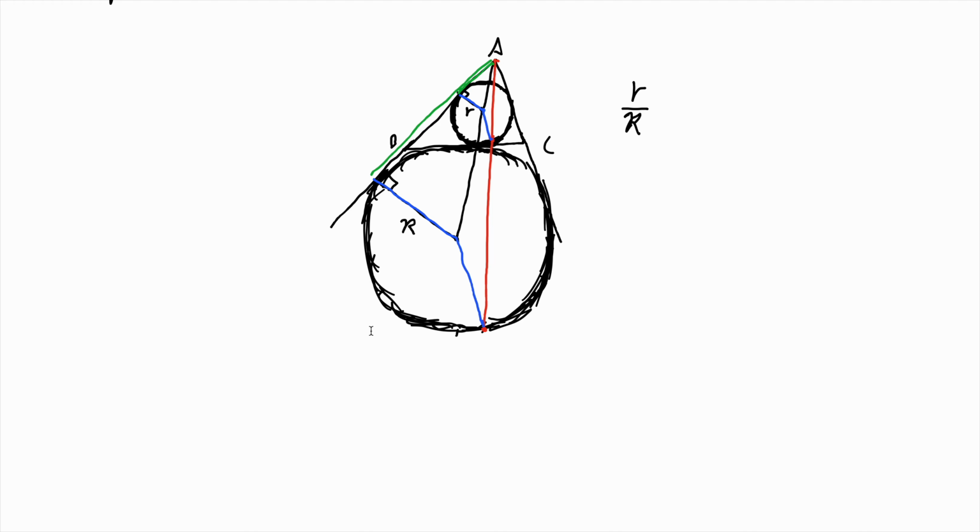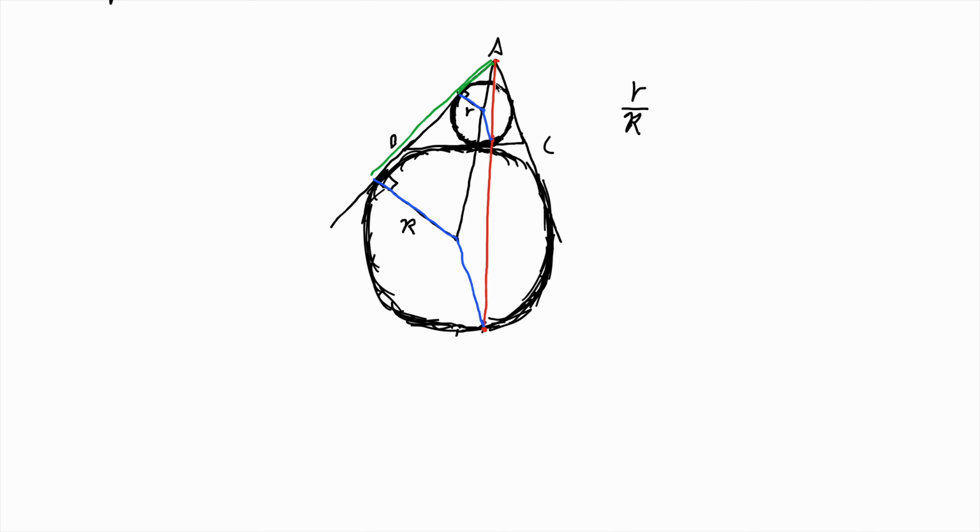But because we're specifically looking at the case where they must be similar, we are purposely looking at the ones that are similar to each other.